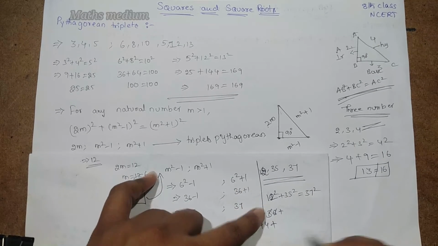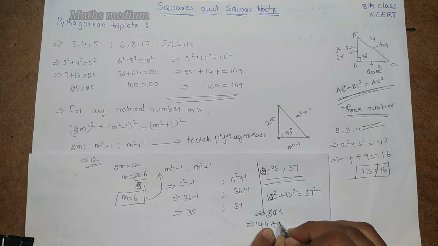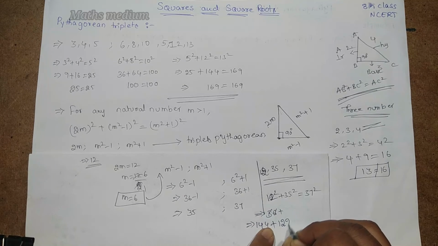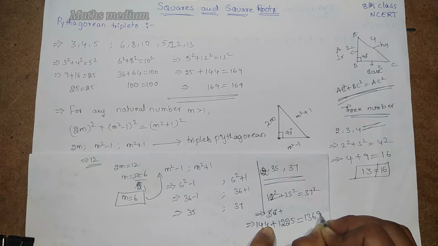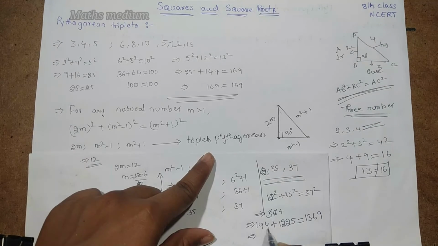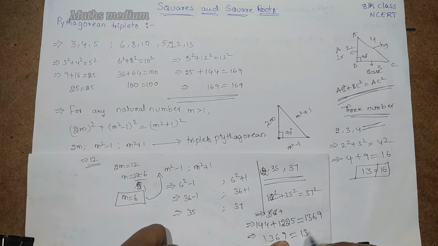144 plus 35 square, which means 1225, is equal to 1369. Now if we add, 4 plus 5 is 9, 4 plus 2 is 6, 1 plus 2 is 3, 1. This is 1369.